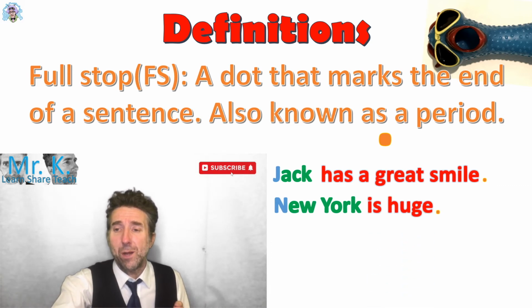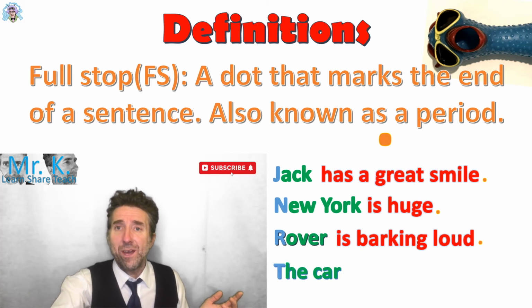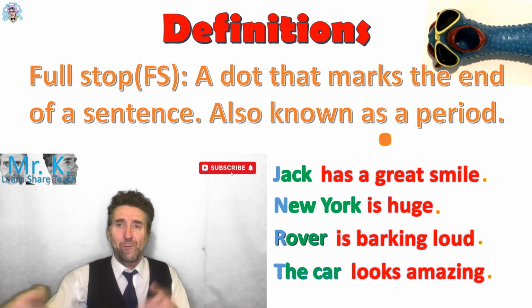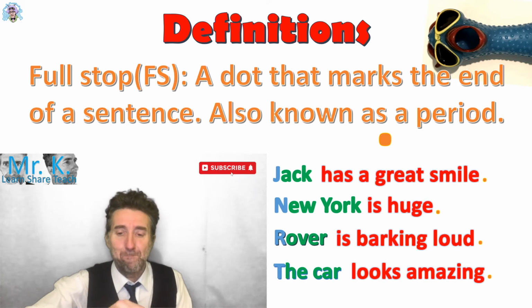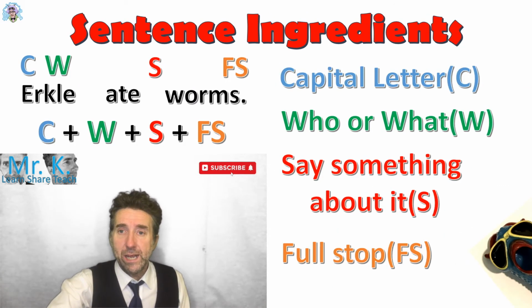Of course, we need a full stop at the end of that one. Then we also said Rover is barking loud. We've said something about Rover, so we need a full stop after that. Then we said the car looks amazing, and we've said something about the car, so we need a full stop there as well. Excellent.